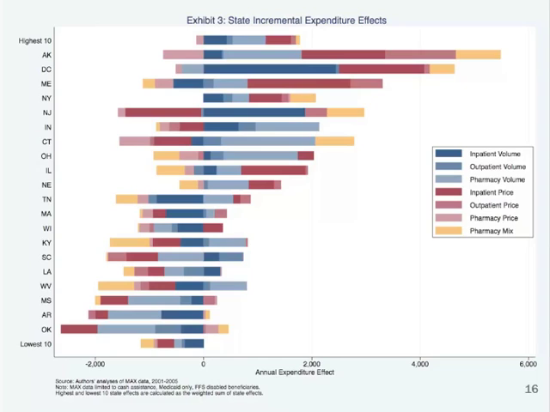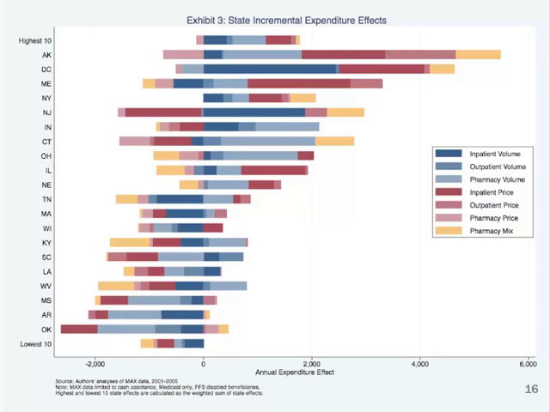In fact, hospitals are a bit less expensive in New Jersey. You see the red line going to the left, and that would offset the total costs there. So there's some variation across states. Pharmacy mix is kind of getting at whether they're prescribing medications that are more or less expensive, so antipsychotic versus antibiotic is an example.